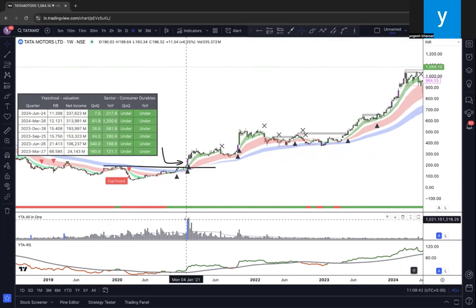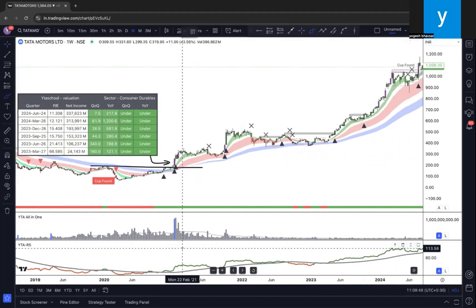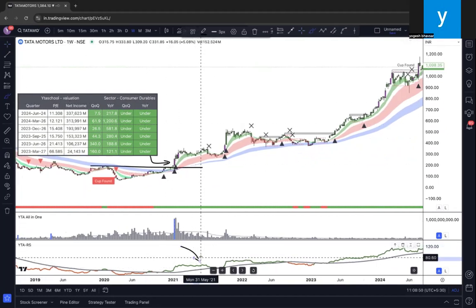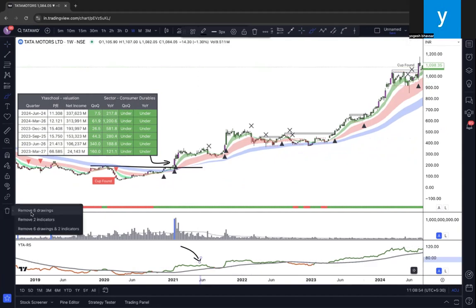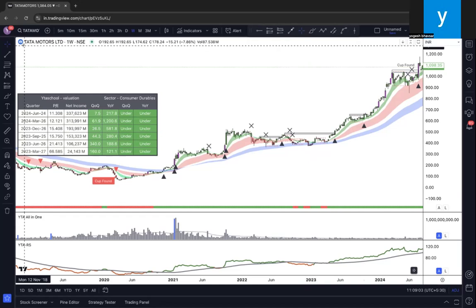Now, this is about my volume indicator below. Hope everybody has understood. Now, my last indicator, the relative strength indicator, is a trend-based indicator. What it is trying to tell you is whether the stock is outperforming the benchmark. Does it mean that if the stock is outperforming the benchmark, the stock will go up?